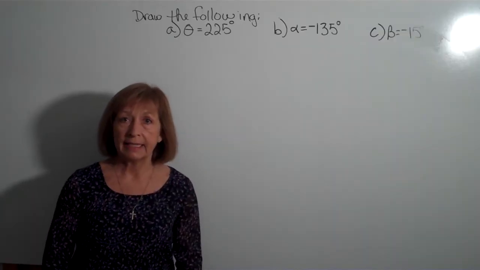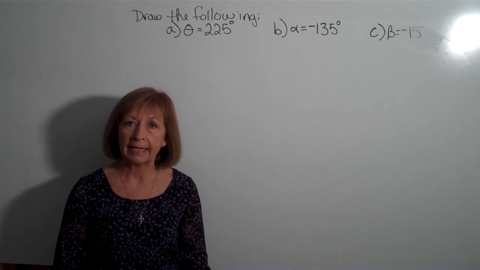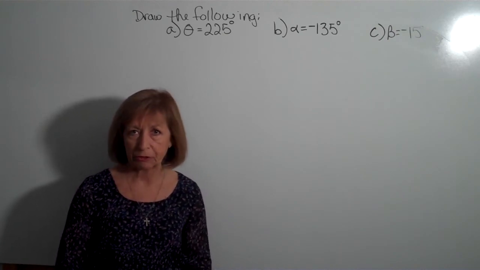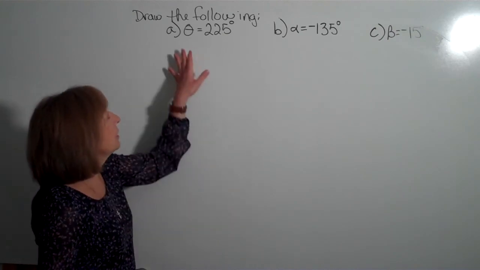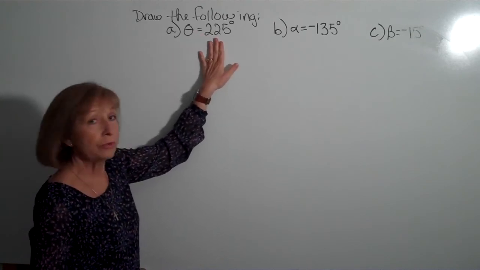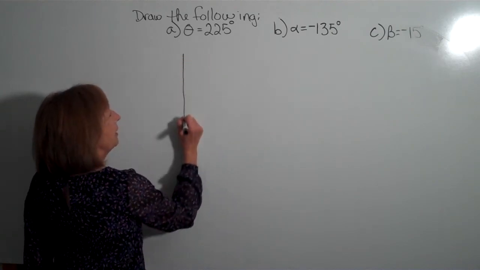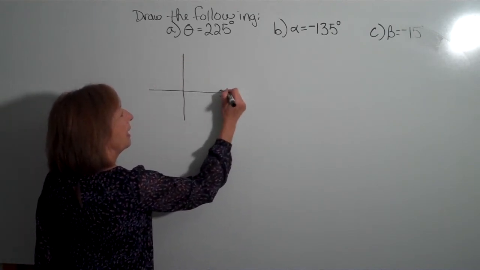To get practiced a little bit in working with trig angles in standard position, let's just draw some angles that they've given us the degree measurement for. So the first one is: draw the angle theta equal to 225 degrees. I'm going to start by drawing the XY axis.